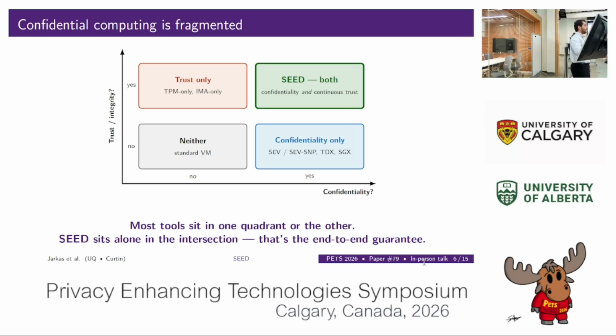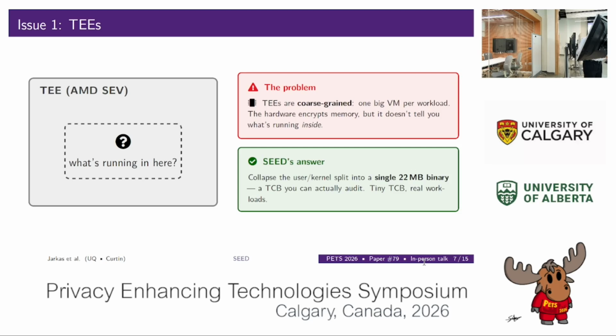But the ability to deploy your workload end to end and have end-to-end integrity and confidentiality to establish privacy was something rarely seen in the literature. So we tried to actually fix it.